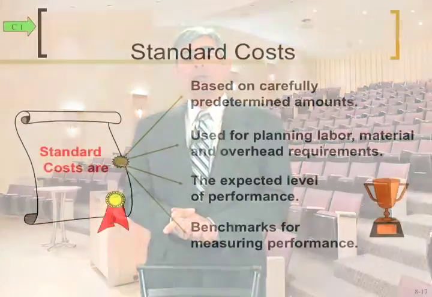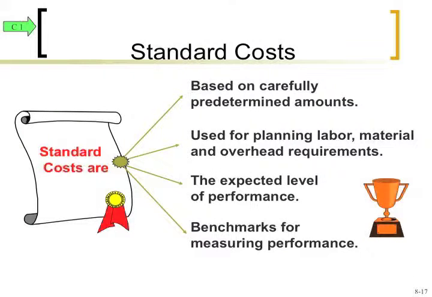So let's move to the standard costs in slide 17. What we're going to do here in slide 17 is look at our standards, where we will set a standard price and a standard quantity in labor, material, and overhead for each product that we manufacture.